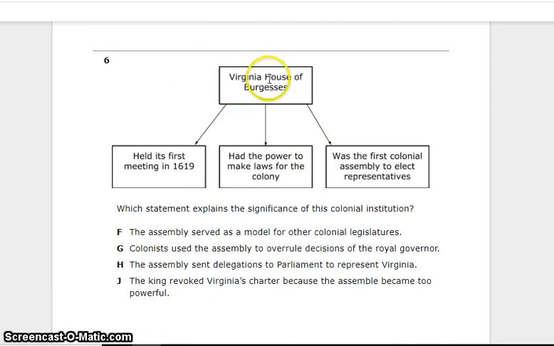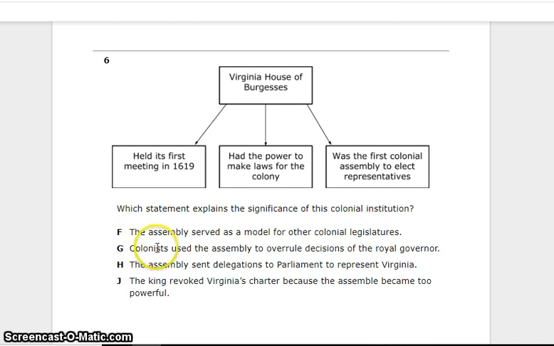Number 6. Virginia House of Burgesses. Held its first meeting in 1619. Had the power to make laws for the colony. Was the first colonial assembly to elect representatives. Which statement explains the significance of the colonial institution? F. The assembly served as a model for other colonial legislatures.